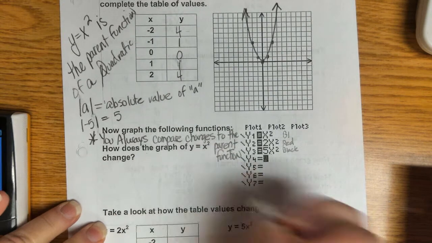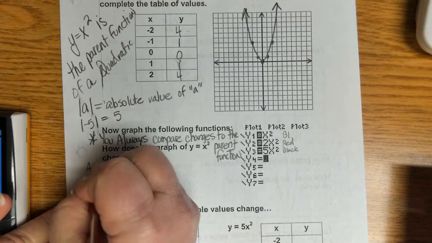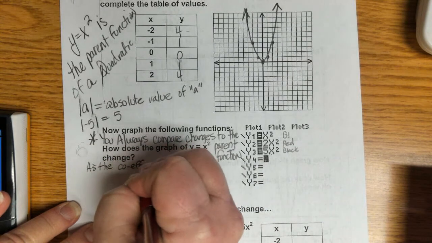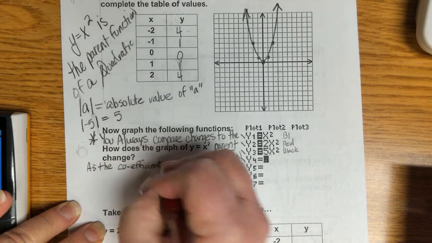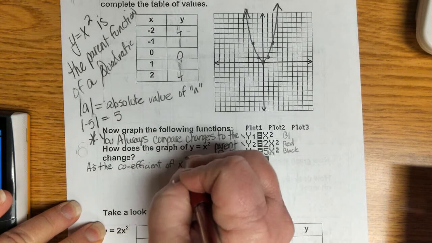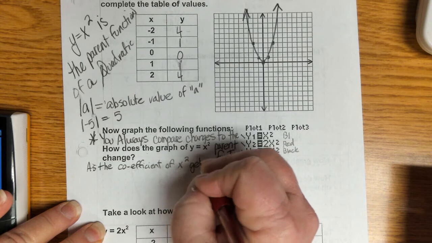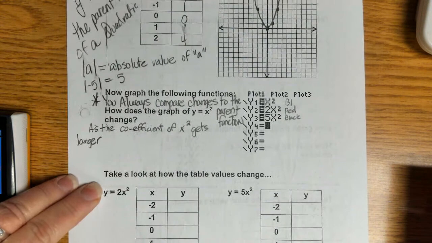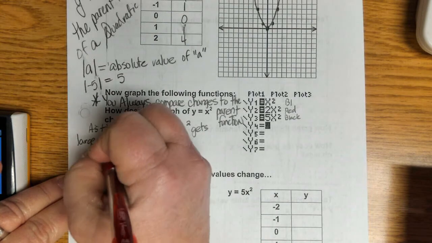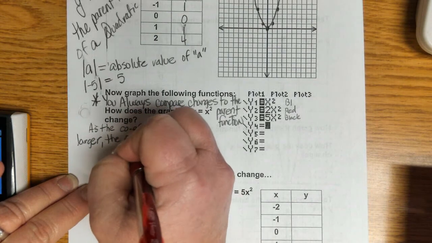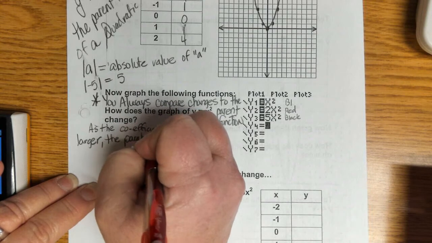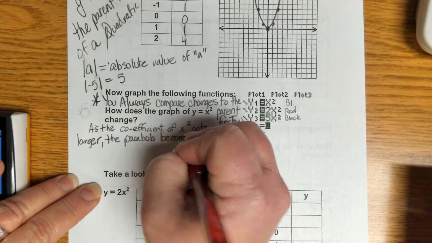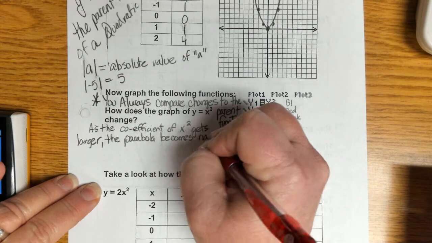As the coefficient of x squared gets larger, the parabola becomes, we're going to use the term narrower.